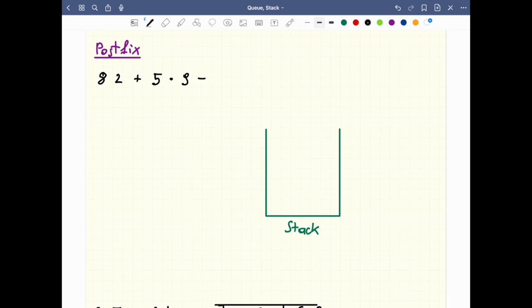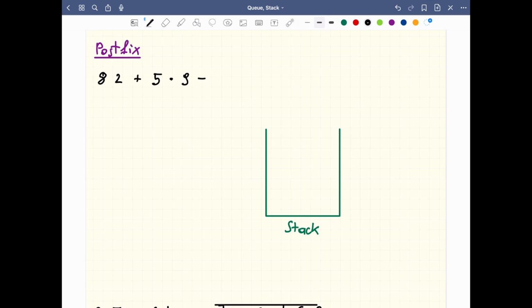And this is a very special notation. So you have numbers and you have operators, and you have one stack. You put all the numbers on the stack, and whenever there is an operator, you apply the operator to the numbers on the stack, or to the top numbers of the stack.